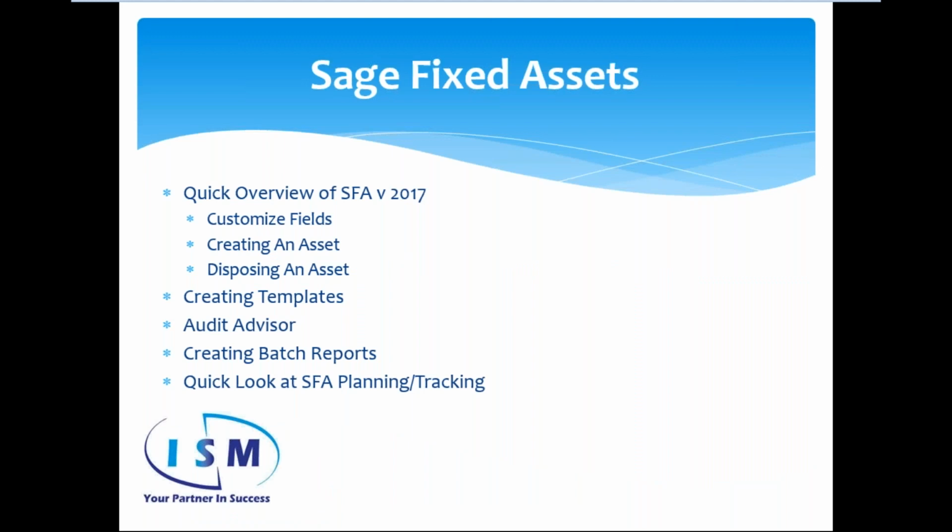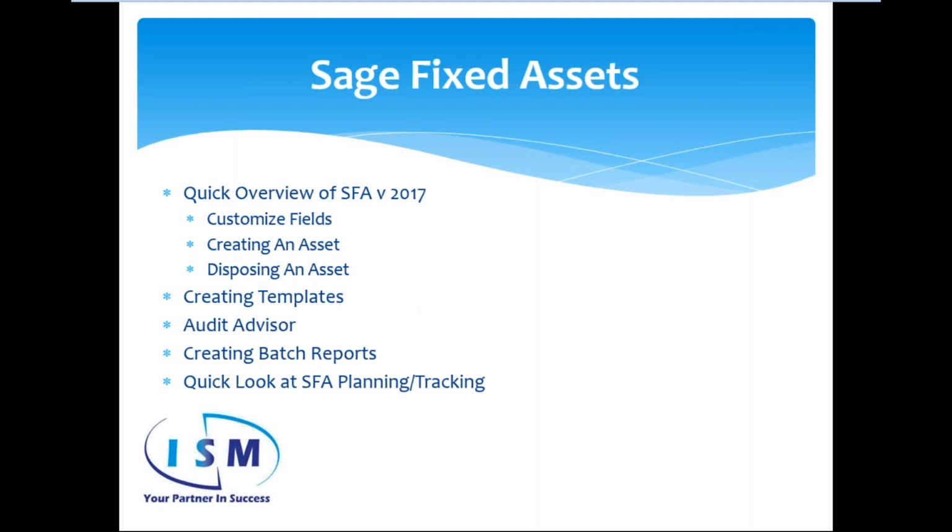So I'm going to give a quick overview of Sage Fixed Assets version 2017. We'll go through how to customize some fields, creating an asset, disposing an asset. We'll go through creating a template. We'll also look at Audit Advisor, creating some batch reports. I also am going to just do a quick look at a couple of other pieces that many people don't know are available with Fixed Assets, and that's the planning and tracking software.